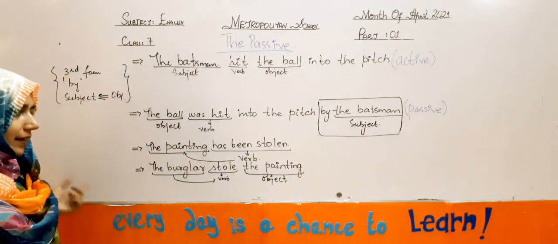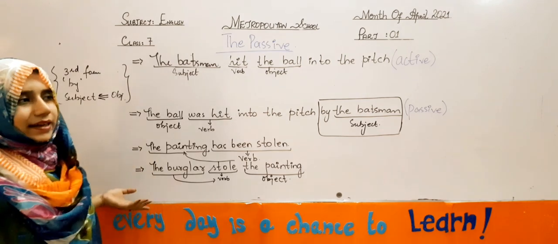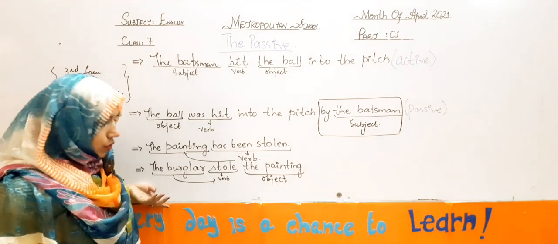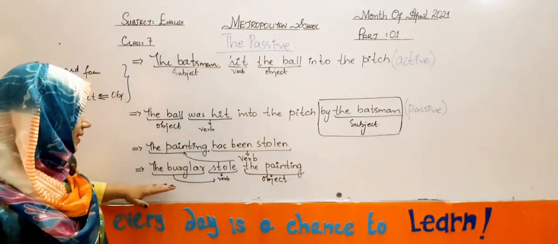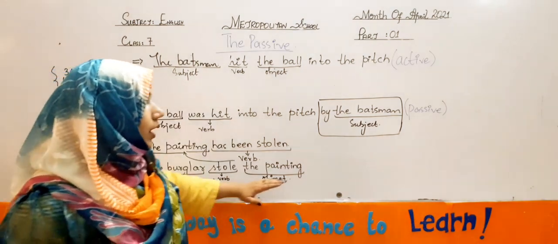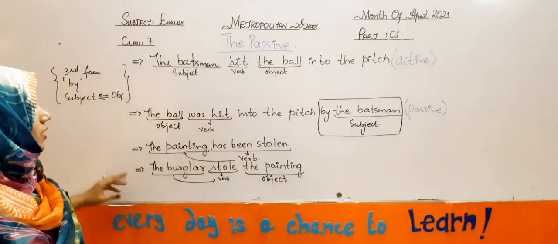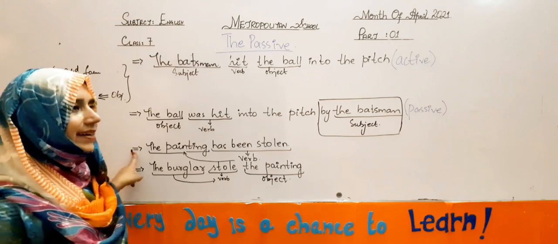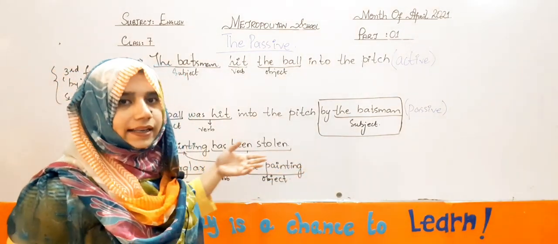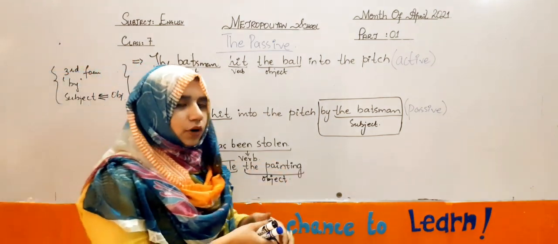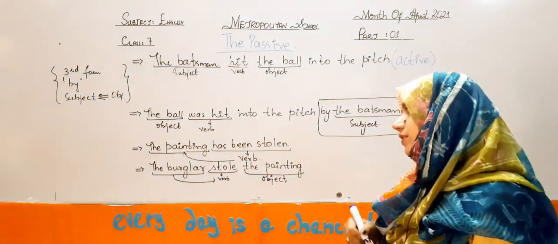But in the active voice sentence, who else can steal the painting? Obviously the thief or the burglar. So the sentence is: the burglar stole the painting, and while changing it into passive voice, I can write: the painting has been stolen, and there is no need to write the burglar, right? If I am not writing by the burglar, it's all fine.